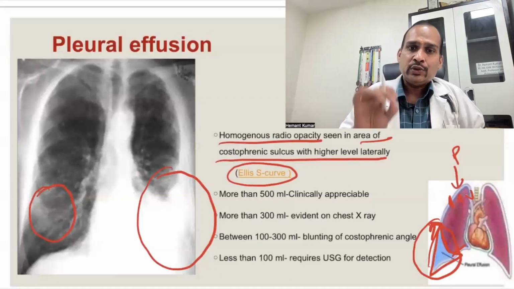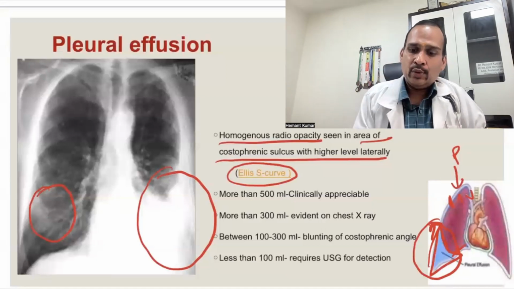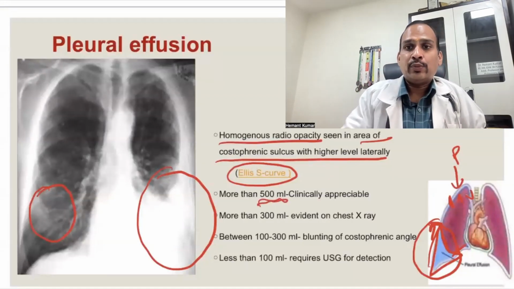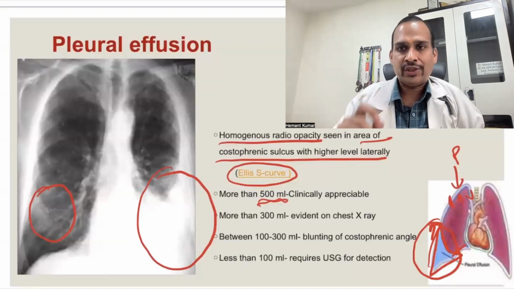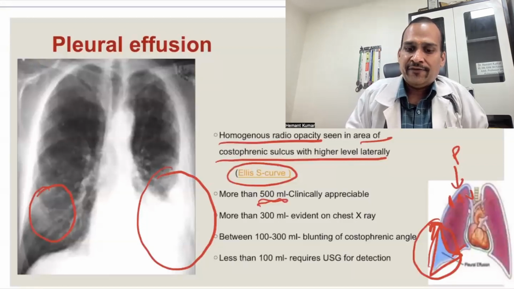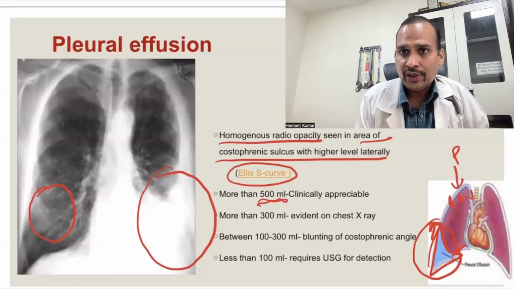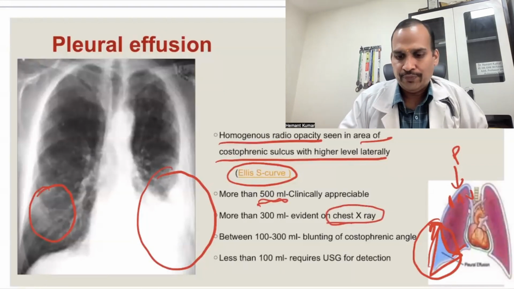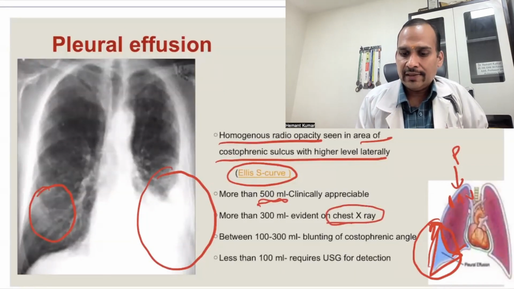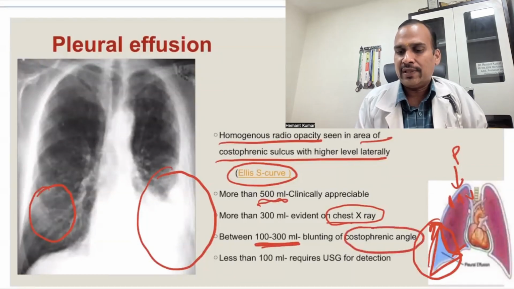If fluid is more than 500 ml, we can demonstrate it clinically by percussion, palpation, auscultation, etc. If fluid is 300 ml or above, then only can we appreciate it on chest X-ray, PA view or AP view. If fluid is between 200 to 300 ml, then only it will obliterate the CP angle.